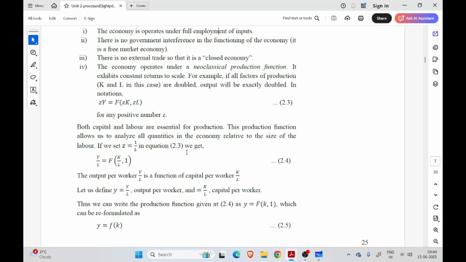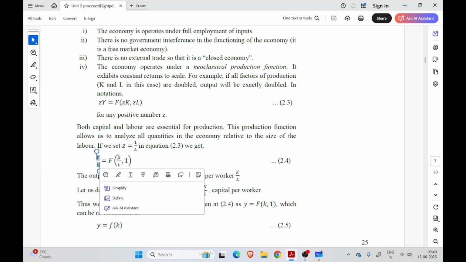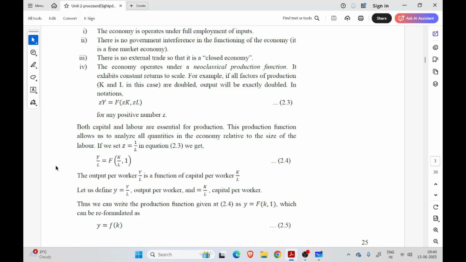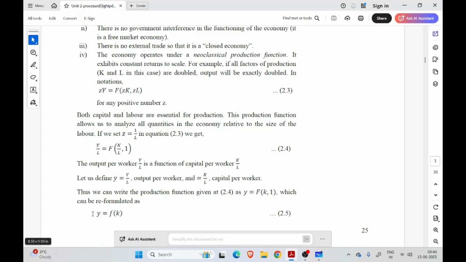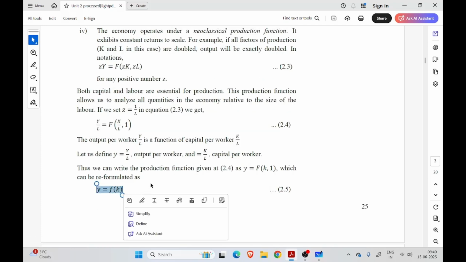This will make computations much simpler. Therefore we divide k by l and l by l, and we get y by l equal to f of k by l comma 1. We represent this by small y and this by small k, therefore we get y is equal to f of k.